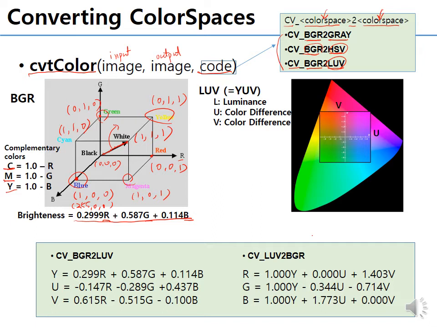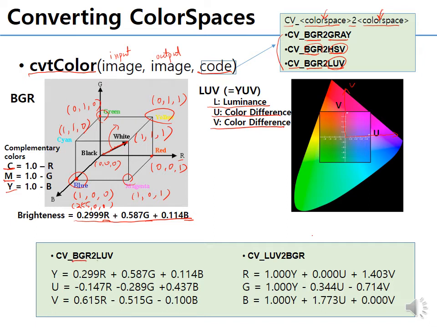In the LUV color space, L means luminance, and U and V are some coordinates. This is the U axis and the V axis is here, so it is very complicated. It is very difficult to understand, but the scientists on color created this graph.